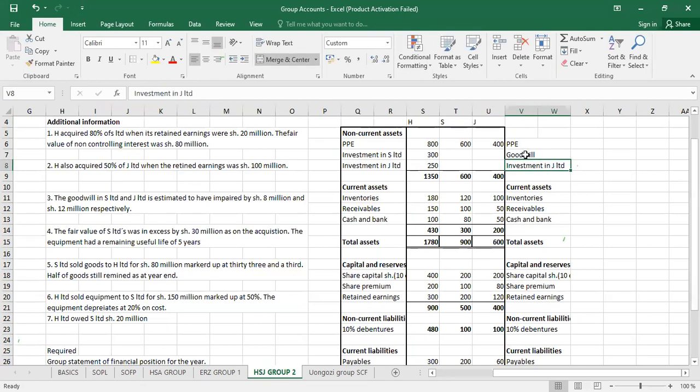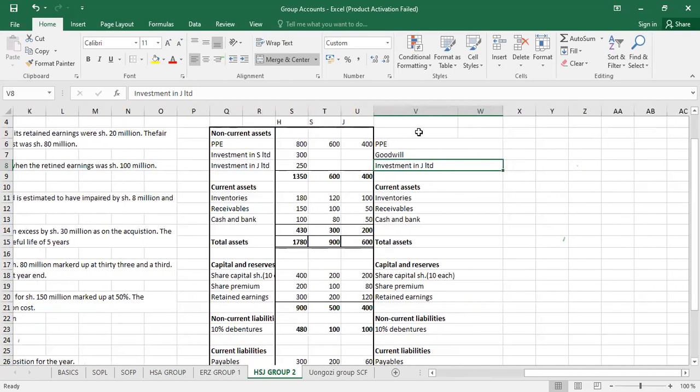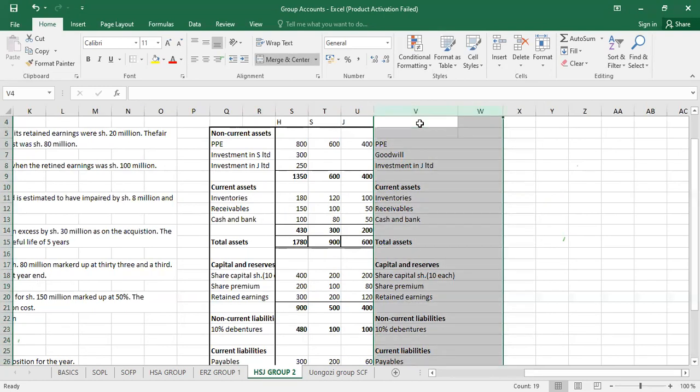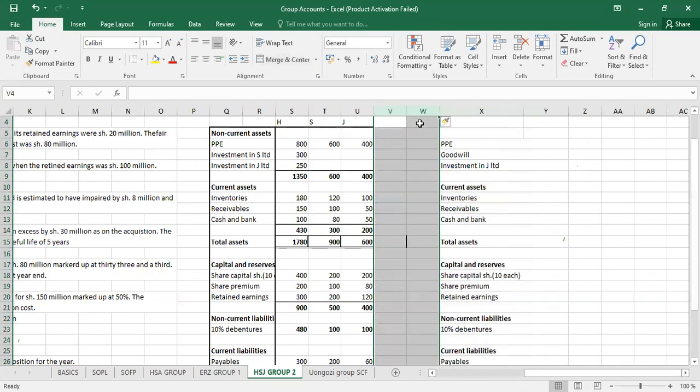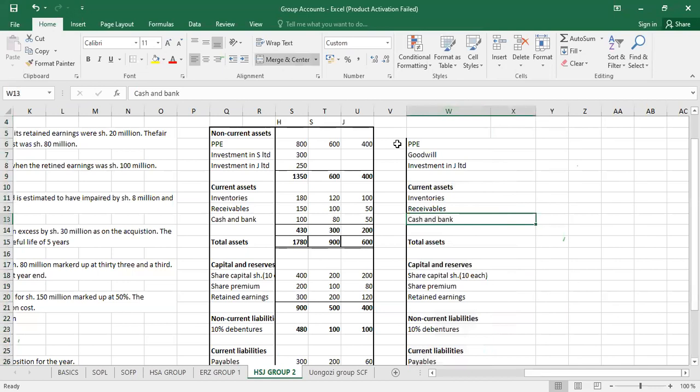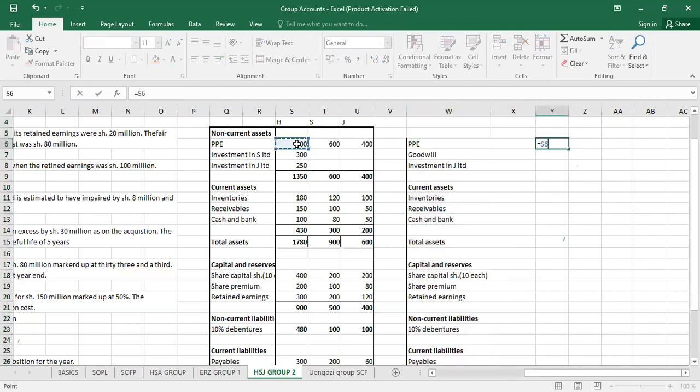Investment in J will remain as investment in J. Maybe I widen the space there. I add another cell there, then control minus, I remove the cell that I just wanted one addition, isn't it? So equal to the parent plus subsidiary, isn't it? Then the goodwill will skip.